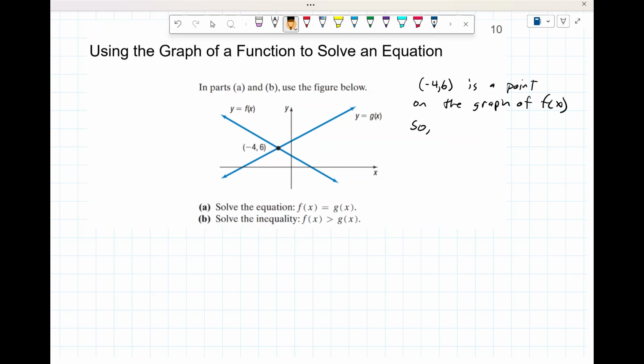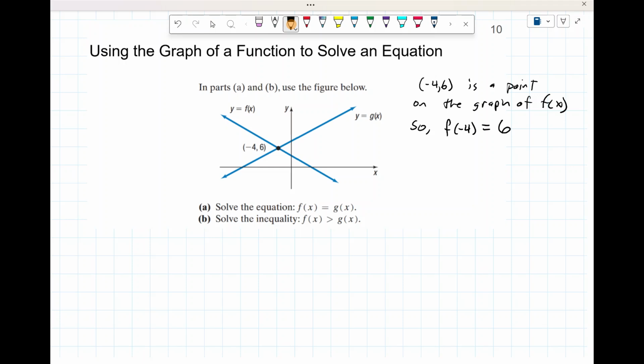So that means f of -4 is equal to 6. So when x equals -4, f of x is equal to 6.